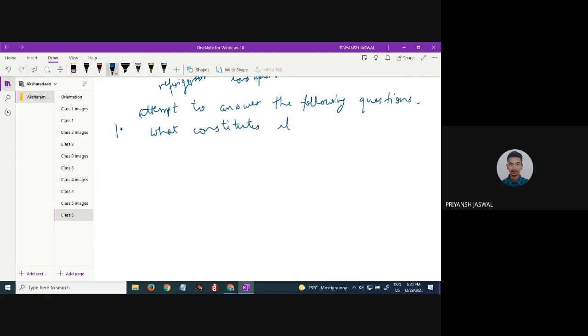Constitutes means that what is electricity made up of? What is electricity in physical sense? Second is, how does it flow in an electric circuit?